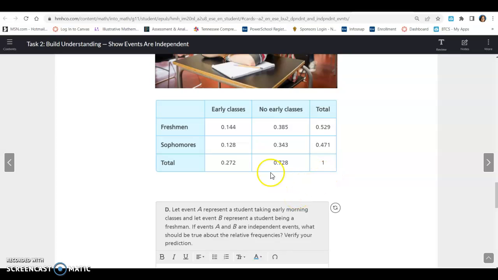It looks like the majority of students do not take early morning classes, but out of the ones who do, it looks pretty even for freshmen and sophomores.